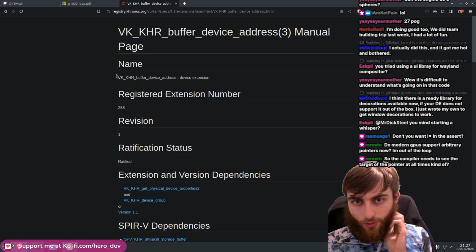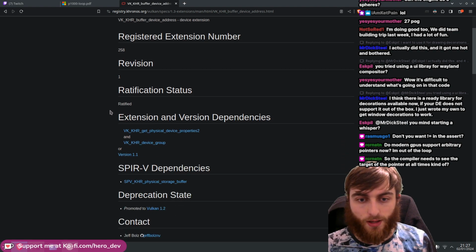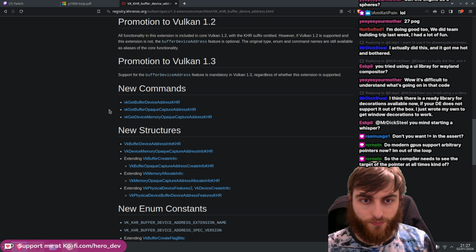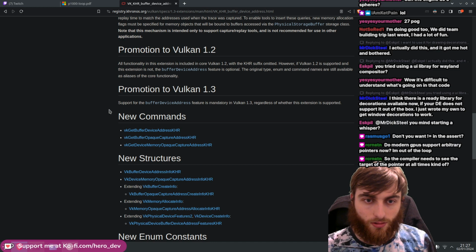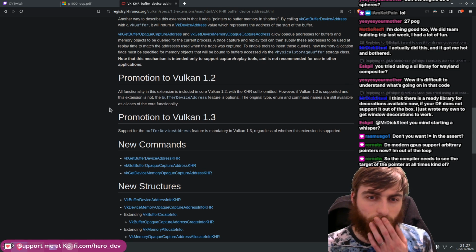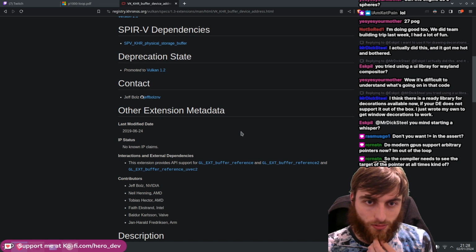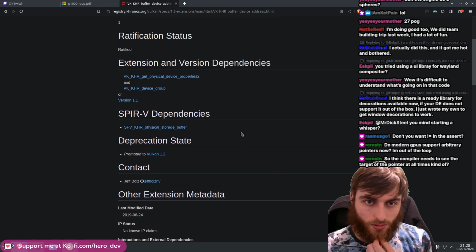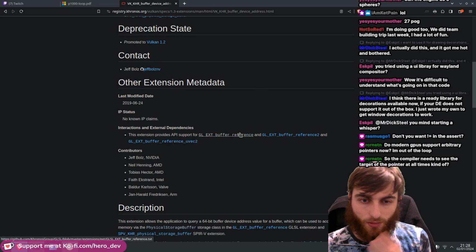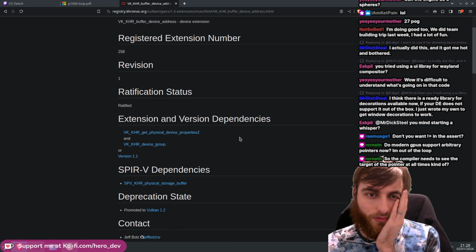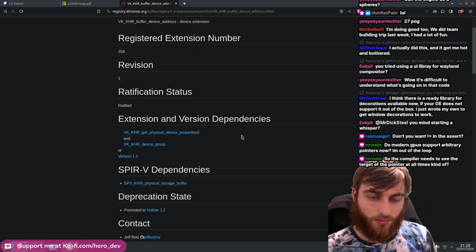So you can get a proper address from a buffer, and all of that. Wait a minute. Support for buffer device address is mandatory in 1.3. I did not see that. Huh. I could actually support this then, because wait a minute.